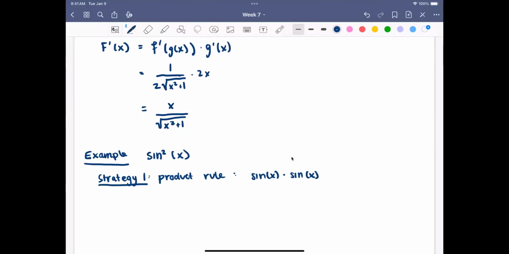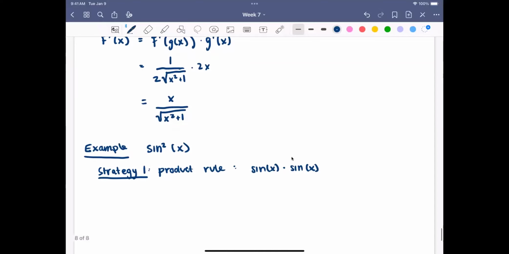Yeah, exactly, so you're just adding two terms and taking turns, taking the derivative of each of the two factors. In this case, they're both the same thing. So how will this look? Let's do the derivative of the left one first. So we'll have cosine x and then leave the second one alone, plus sine x times derivative of the second one.